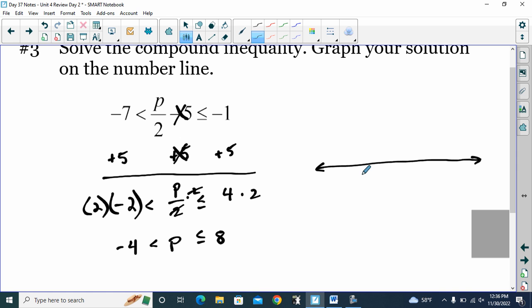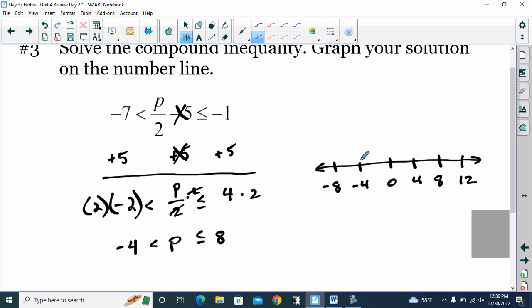And it does ask us to graph. We'll count by 4s. And notice my p needs to be both bigger than the negative 4 and smaller than the 8.